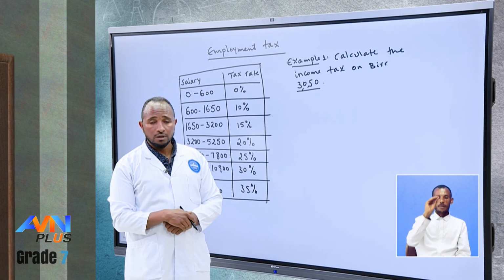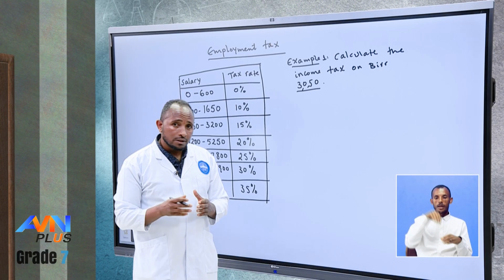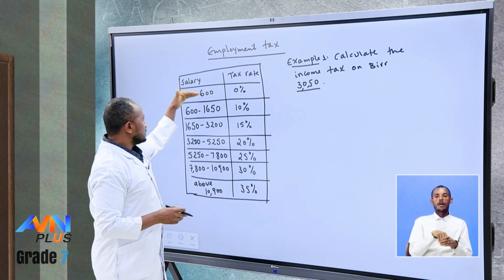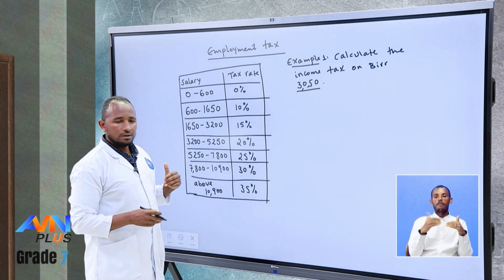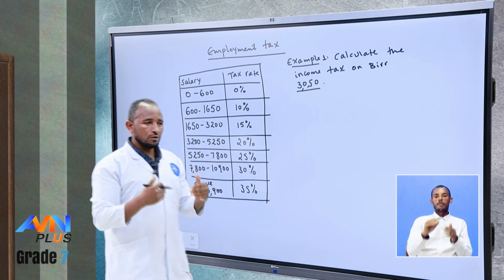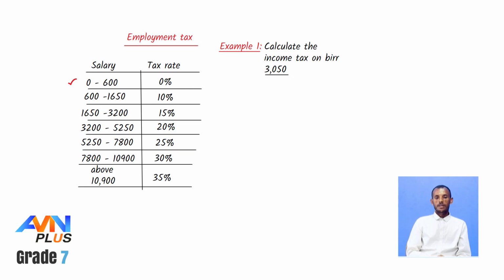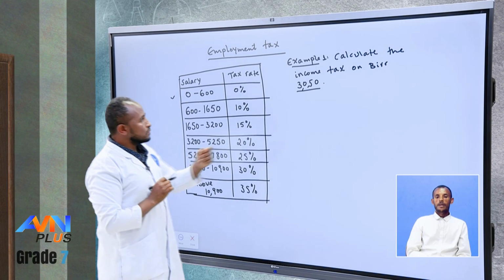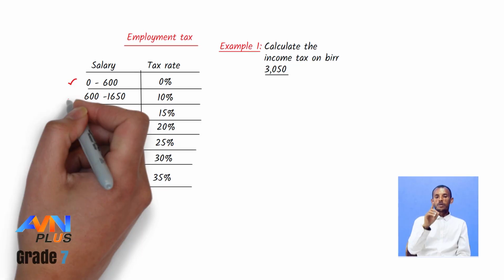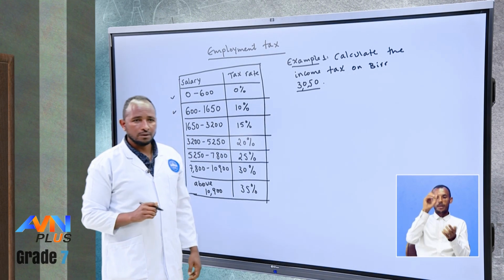To calculate the income tax, you divide this income into different intervals. A certain portion of this 3,050 is found from 0 to 600. Next, a certain portion of this income is found in the interval from 600 to 1,650.